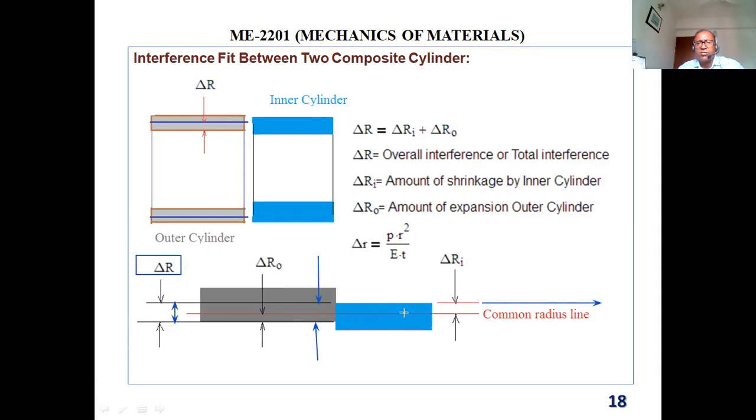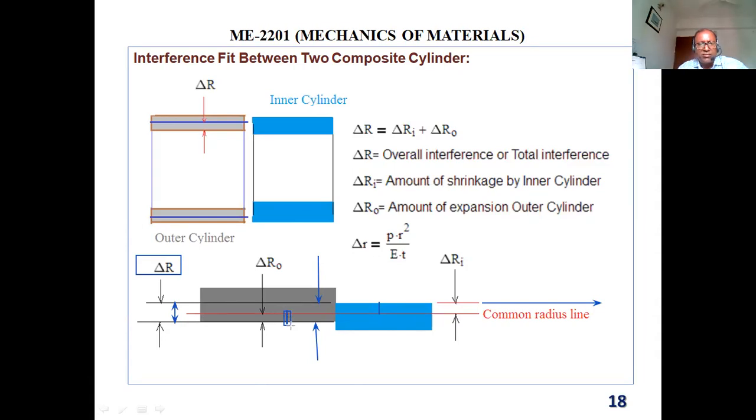So from the common radius, the inner cylinder has to reduce his diameter, and the outer cylinder has to shrink that much. He has to also shrink that much, but the outer cylinder is not shrinking. That means he has to increase the radius, right?